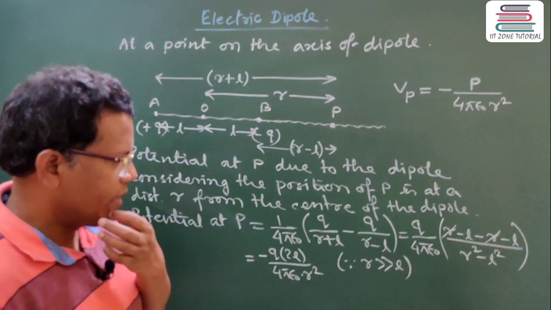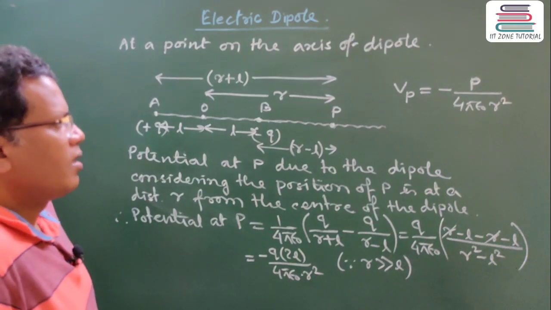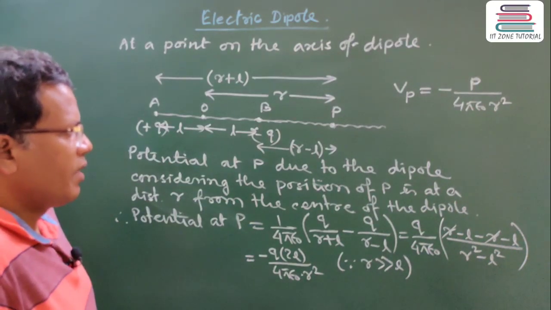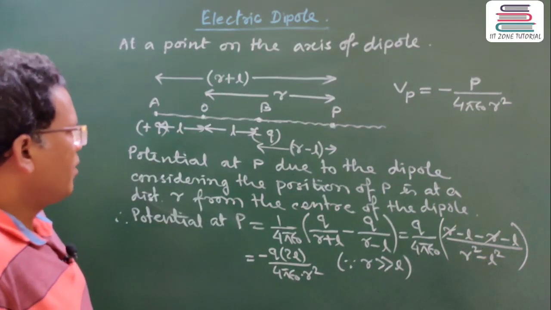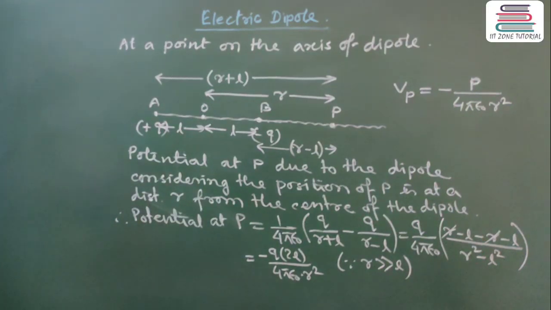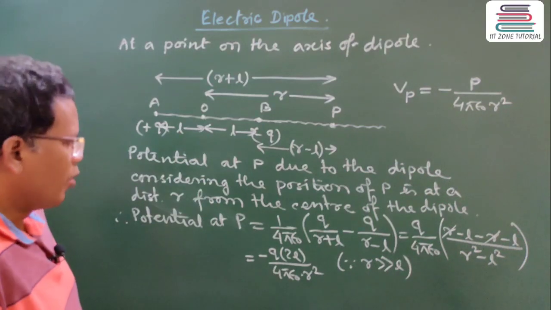Got my point? The sign in the equation will be there. That's why it will be minus of P divided by 4 pi epsilon naught R square. So this is the way we can get the potential at a point distance R from the center of the dipole along the dipole axis.